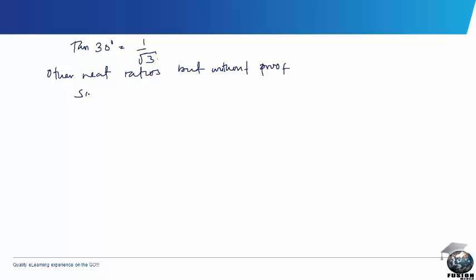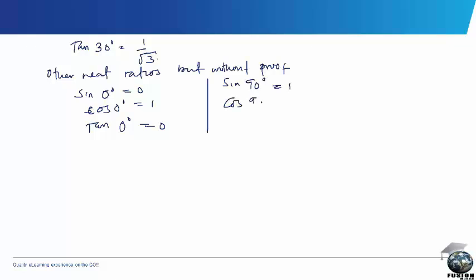They are sine 0 degrees, which is equal to 0, and cos 0 degrees is equal to 1, tan 0 degrees, which is equal to 0, and in like manner we have sine 90 degrees, which is equal to 1, and cos 90 degrees, which is equal to 0, and then tan of 90 degrees, which is undefined. Okay, if you punch it on your calculator, you will obtain it to be undefined, right?